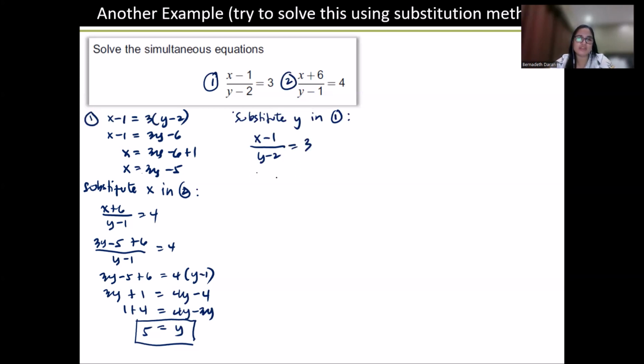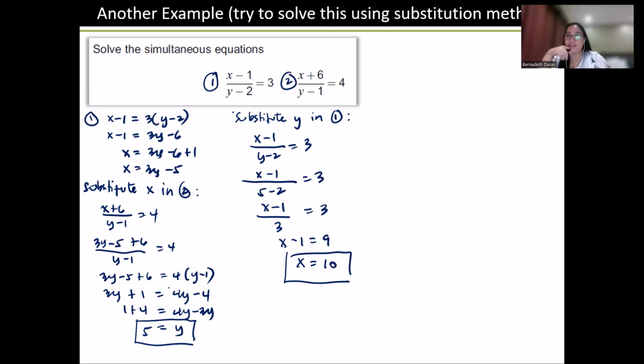So we have x minus 1 over our y is 5, so this is 5 minus 2 is equal to 3. Or this is equal to x minus 1 all over 3 is equal to 3. Or that is x minus 1 is equal to 9. Or that is x is equal to 10. So the value of our x is 10, while the value of our y is 5.